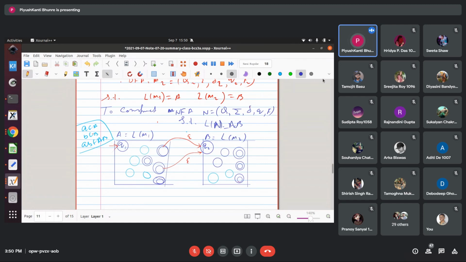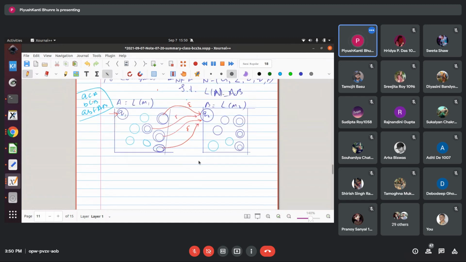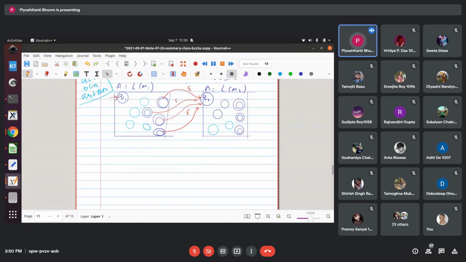I'll also put some epsilon moves from here. So this is my new machine.